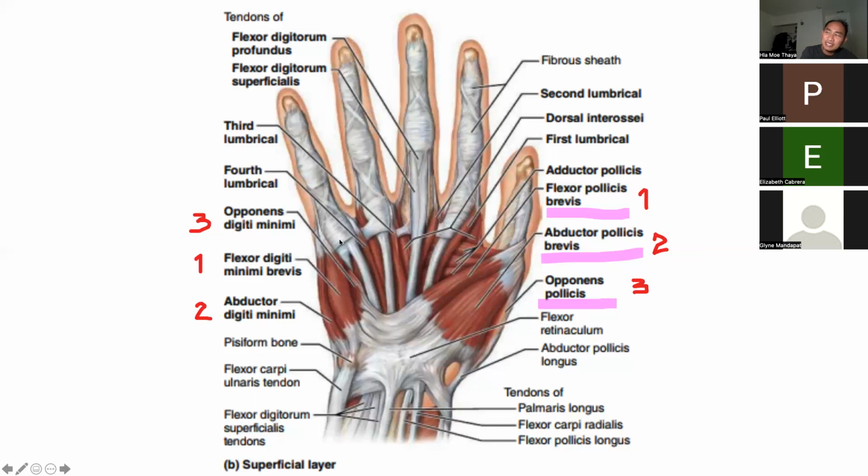The same thing with abductor digiti minimi, abduction, like pushing the little finger away from the hand, abductor digiti minimi, flexor digiti minimi, and opponens digiti minimi. So yes, these three muscles are good to remember, which make the thenar muscle and hypothenar muscle.